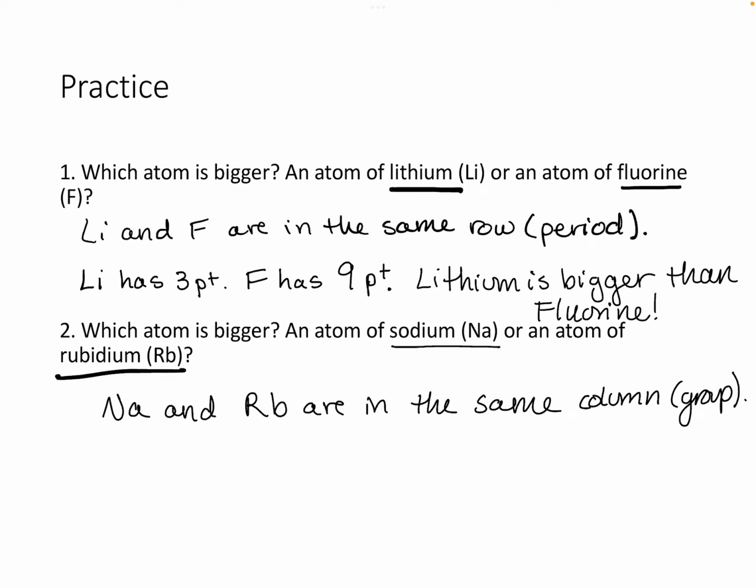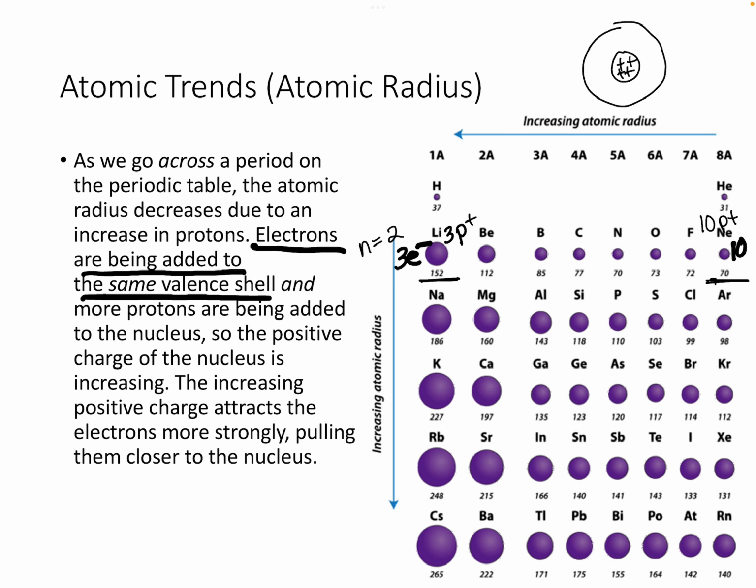So now we can think about the number of electrons. Now, rubidium is further down the column. So sodium is here, rubidium's down here. So rubidium is going to be bigger because it has more electrons.